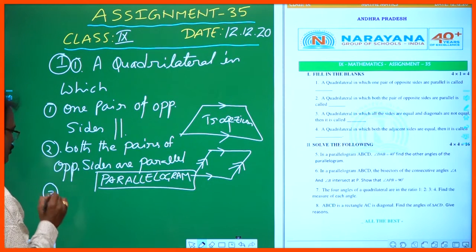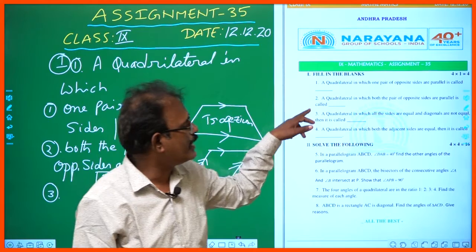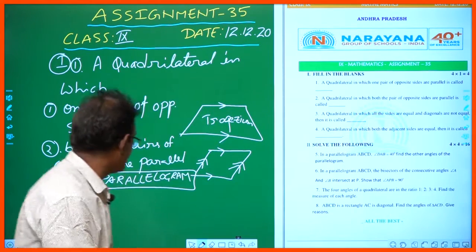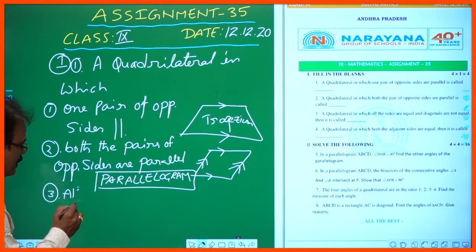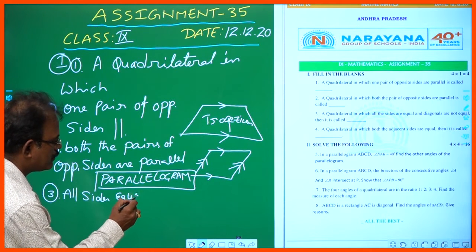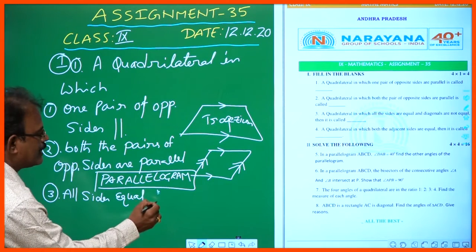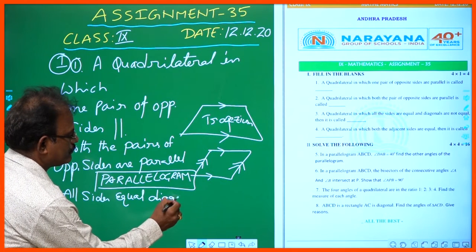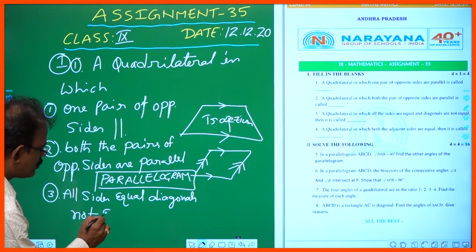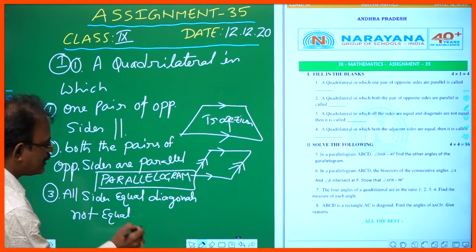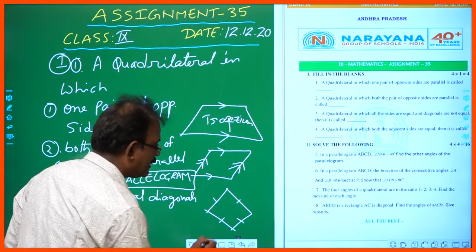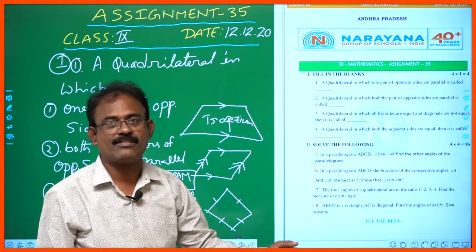And the third one is a quadrilateral in which all the sides are equal and diagonals are not equal. If all the sides are equal, then it may be a square or rhombus.